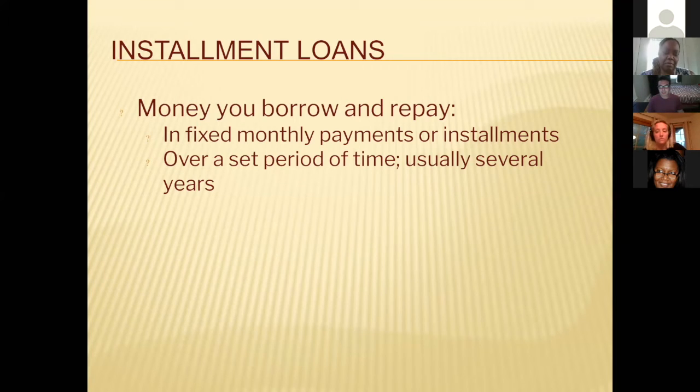In an installment loan, there are monthly payments usually. Often they're fixed, sometimes they vary. We'll talk about that in a later slide. And that's over a set period of time, usually several years. So the example we're going to use is purchasing a car. So you might purchase a car using an installment loan.